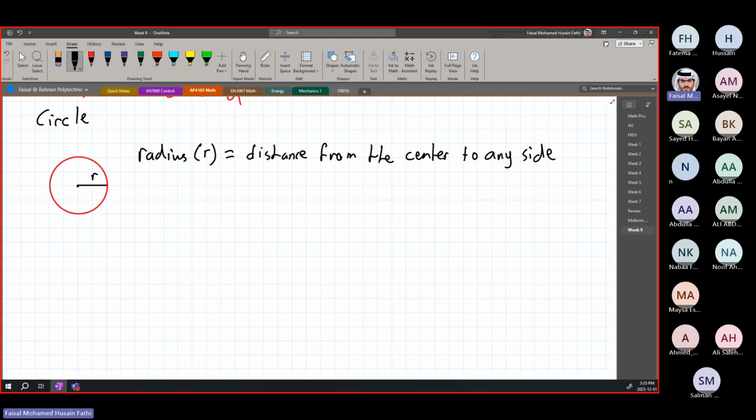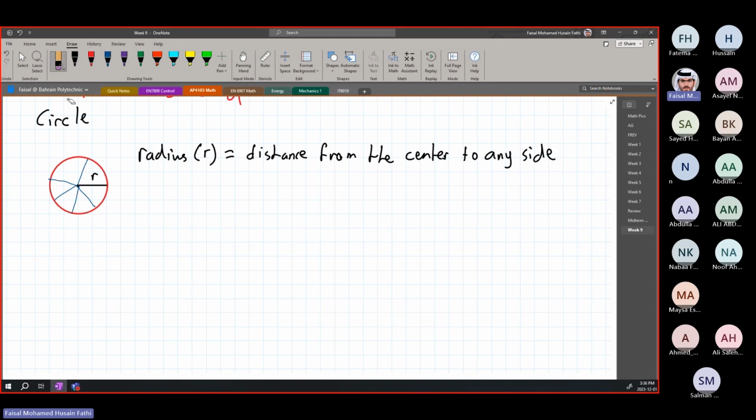What does that mean? The radius is the distance from the center point of the circle to the edge of the circle. All of these are radiuses, the radius of the circle, and they're all equal. This is called the radius.